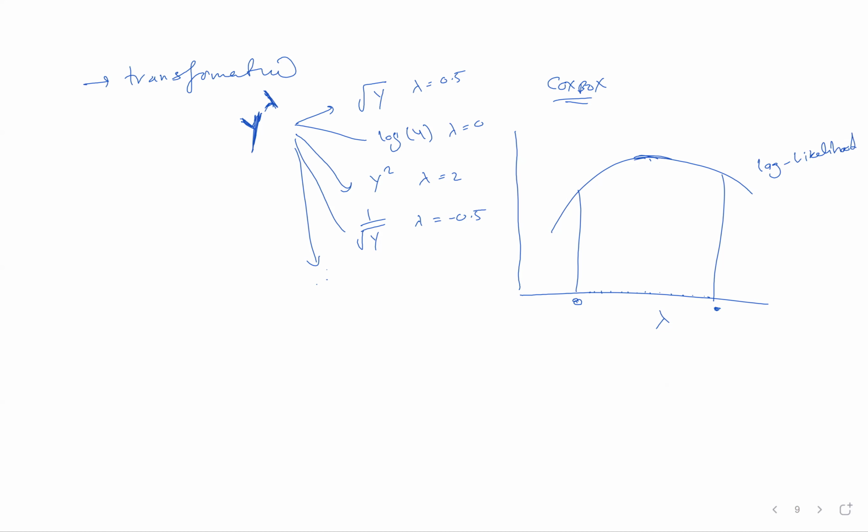So the function Cox-Box graphs the likelihood over the range from -2 to 2. And it gave you lower limit and upper limit of all the possible values for lambda that satisfy normality.